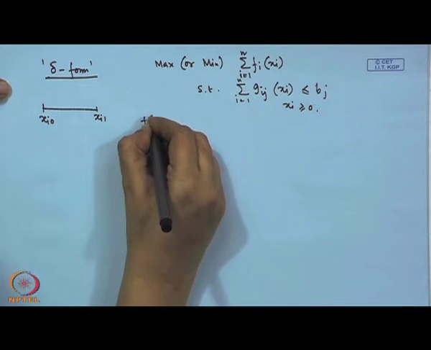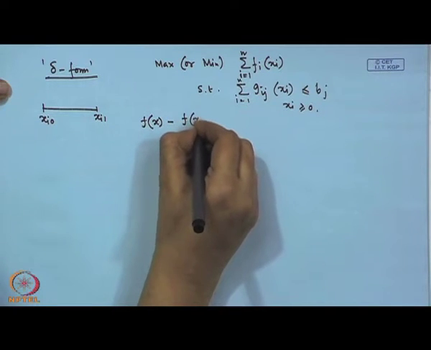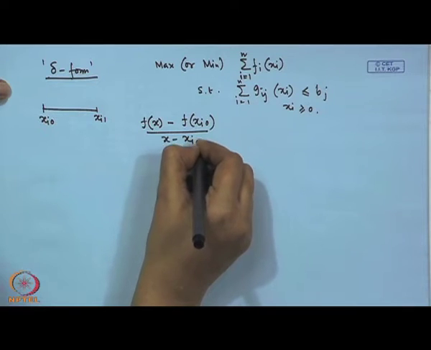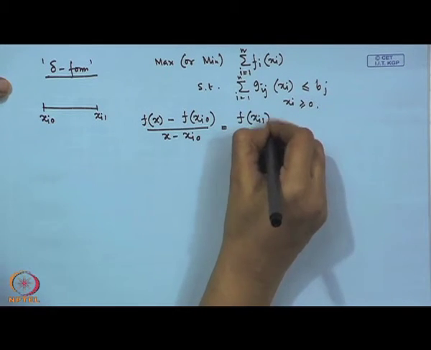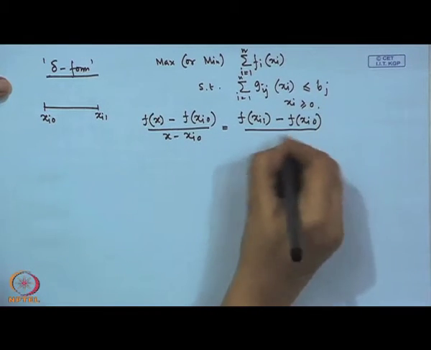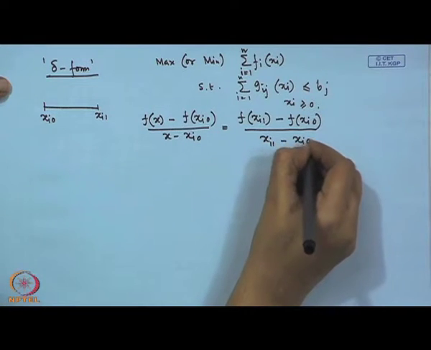I can write f x minus f xi0 divided by x minus xi0 is equal to f xi1 minus f xi0 divided by xi1 minus xi0.